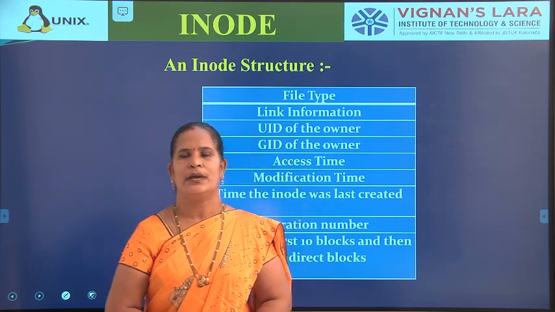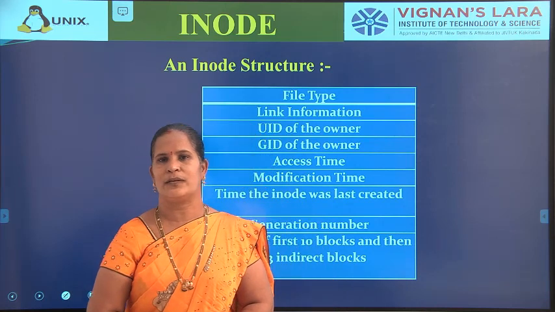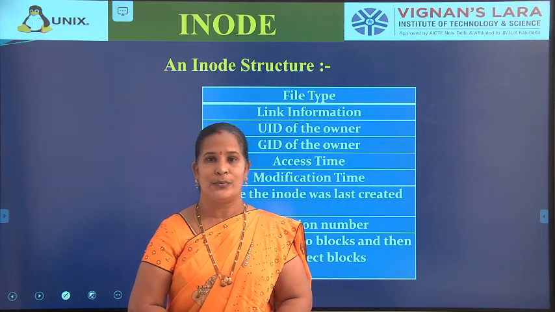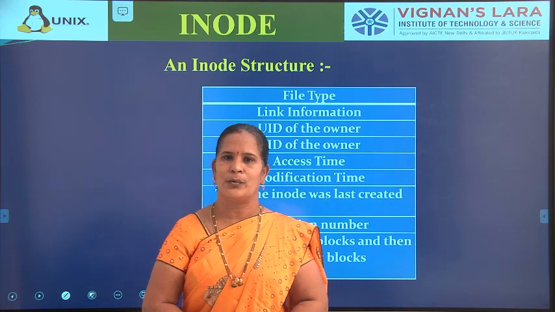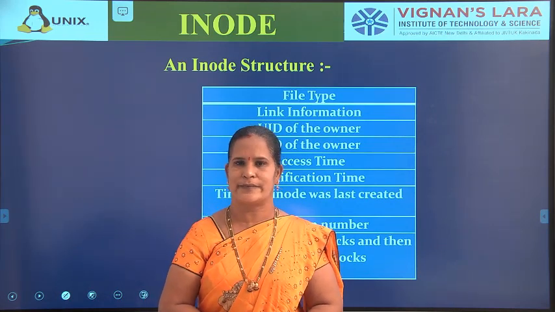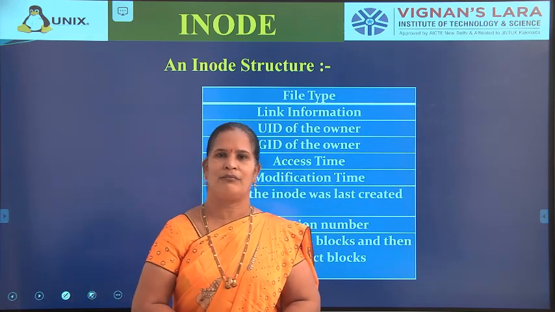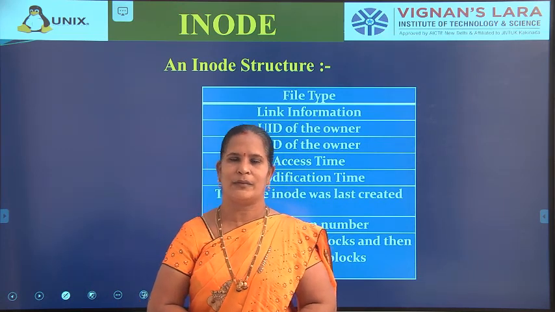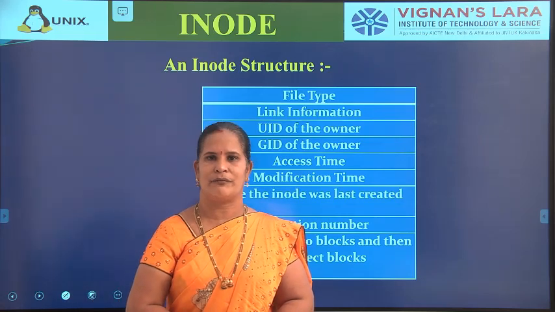The first column displays the file permissions, the second column displays the link information, the third column displays user identification details, the fourth column displays group identification, the fifth column displays the file size in bytes, the sixth column displays the date and time of file creation, and the last column displays the file name. So by using the ls -l command we can view the attributes of a file.